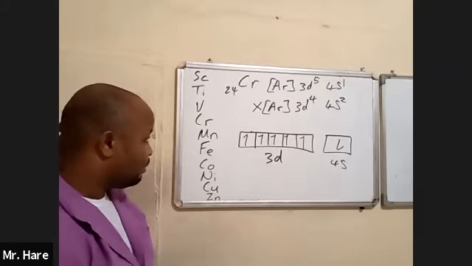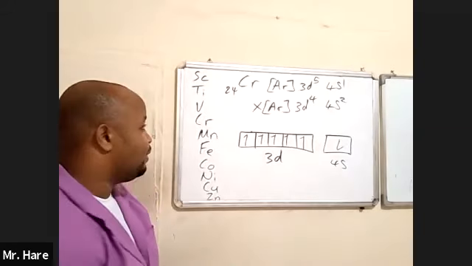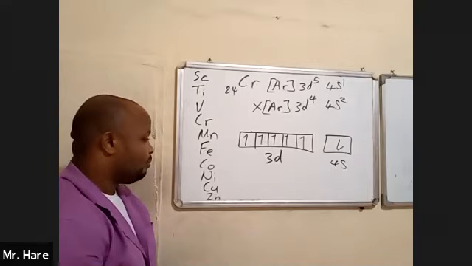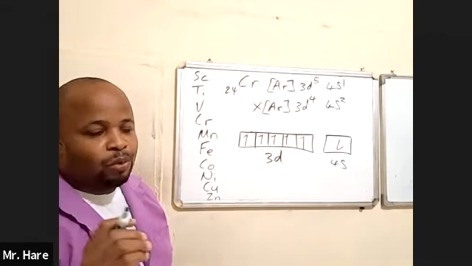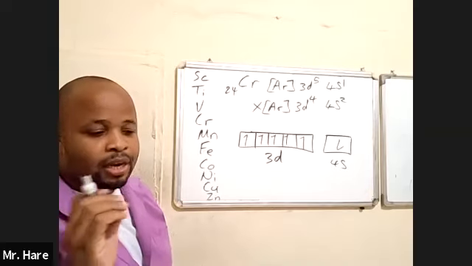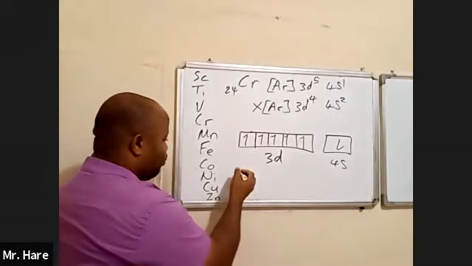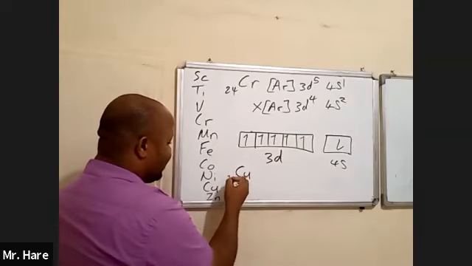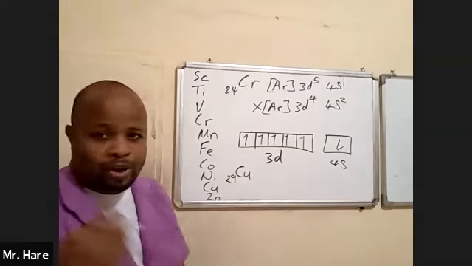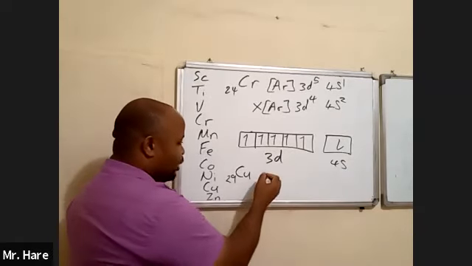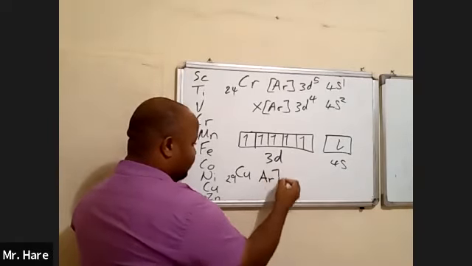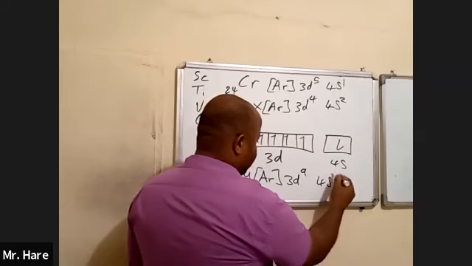For copper, copper is the next unusual one. Based on the atomic number, what would you expect the electronic configuration for copper to be? So copper is 29, right? And if we follow the rules, what would have been the electronic configuration for copper? 3d9, 4s2, right?